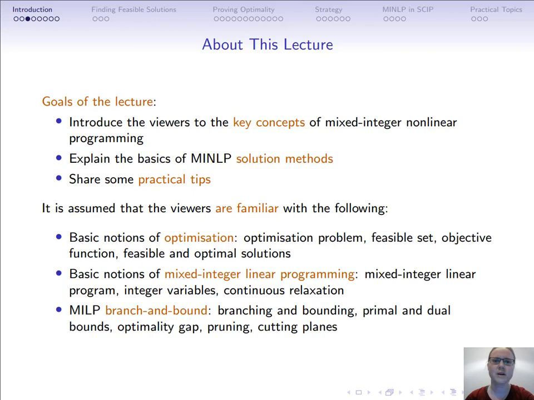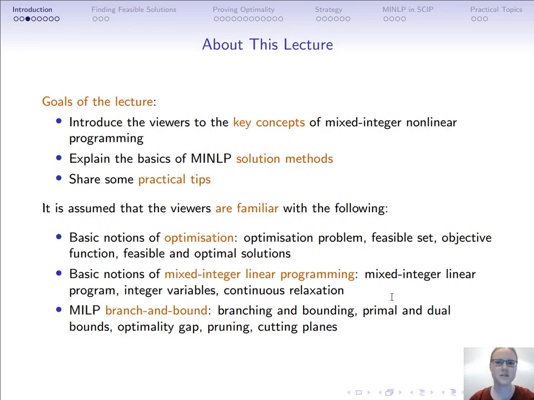Then you should also have a general understanding of some of those methods, and a more detailed knowledge of some chosen components of these algorithms. And finally, I'm going to share some practical tips, that is, some things that I find useful for people either working with formulations of mixed integer nonlinear problems, or in solver development, or perhaps both.